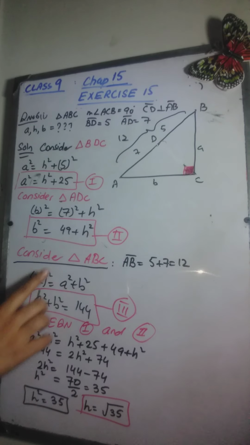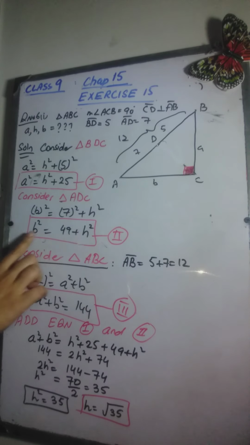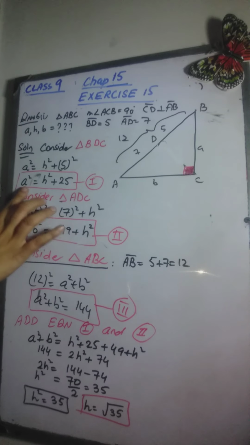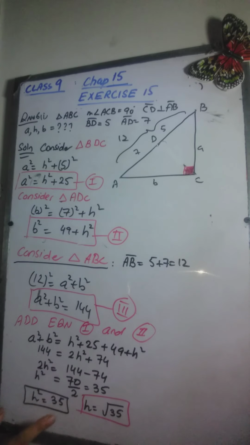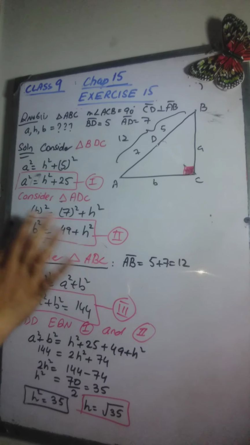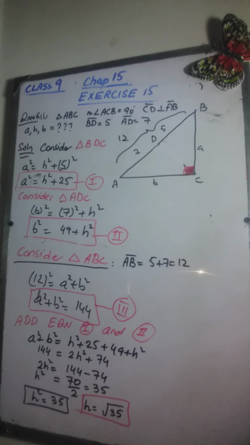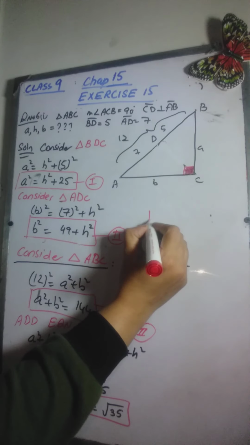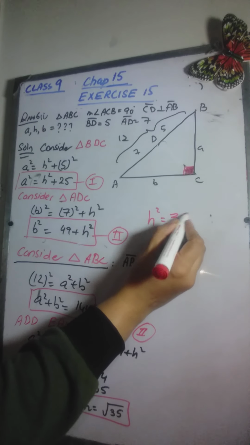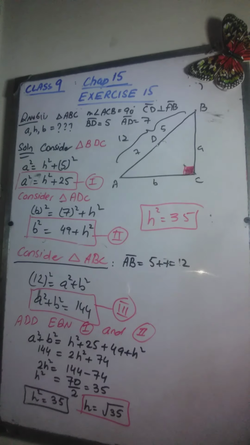Now we know that b square is equal to 49 plus x square, and a square is equal to x square plus 25. We know the value of x square. Now we are going to put the value of x square over here and here to find the value of a and b. So the value of x square that we have obtained is 35, and the value of x is under root 35.